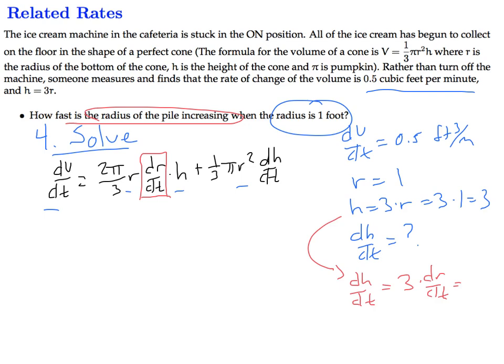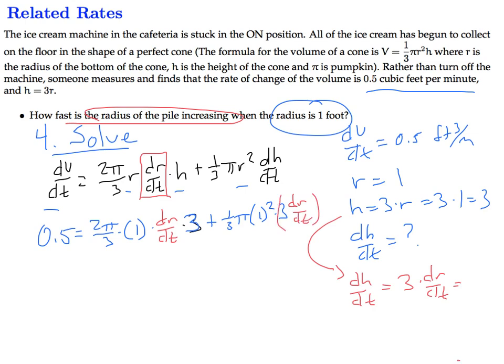So after doing all our replacements, we've got 0.5 equal to 2 pi over 3 times 1 times dr over dt, because we want to solve for that, times our height, which is 3, plus 1/3 pi radius squared times 3 dr over dt.